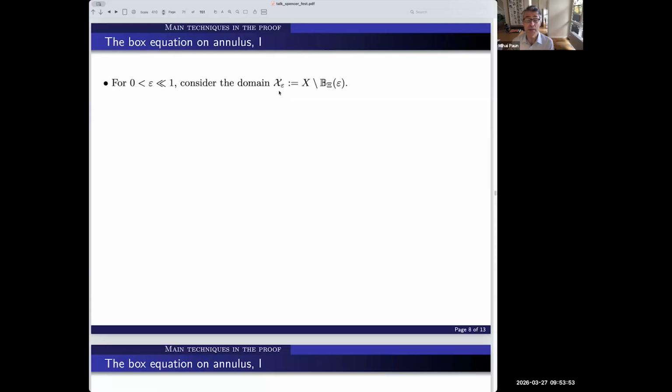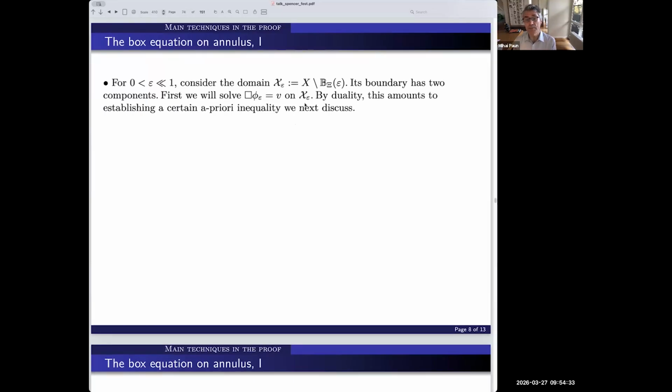So this X epsilon looks like an annulus, right? If you have in your mind the model of a ball inside C2, this simply means that you remove a small ball of radius epsilon. And then the boundary has, of course, two components. And then somehow the idea is first to solve this equation, the box Laplace equation of phi epsilon equals V on this set.